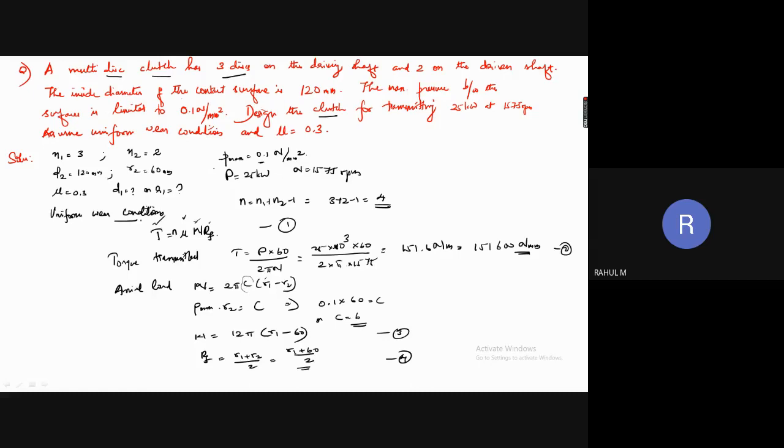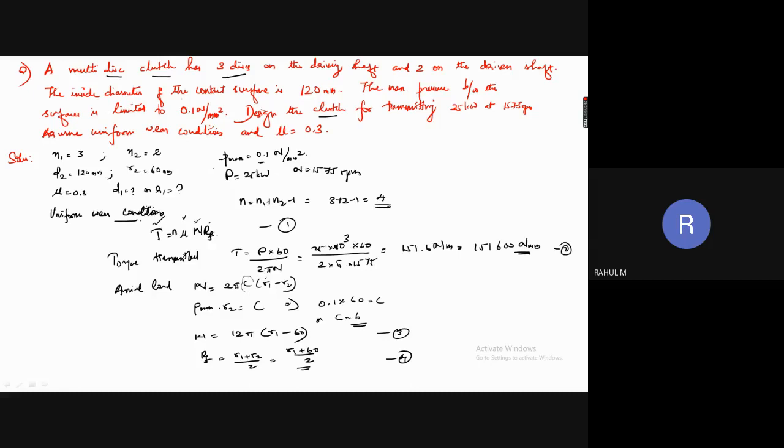Now, every other problem you can practice for a multi-disc plate clutch. Every other problem is the same. The concept is the same. There will be some small twist related to the P max value. Maybe sometimes you will be given some P minimum value. So mostly you will be asked to find using the uniform wear condition.